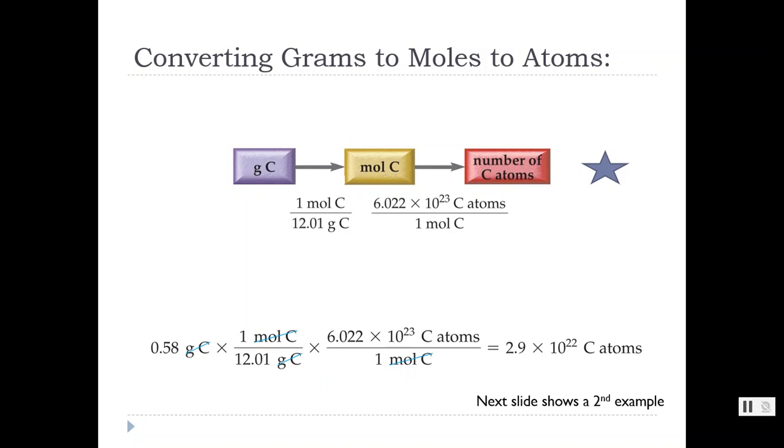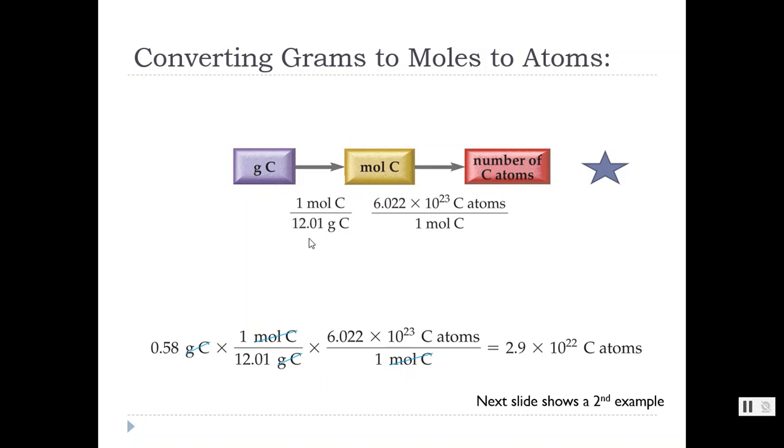We can also use a mole in terms of a mass, so as a way to weigh things. We can say that 1 mole of an element is equal to its atomic mass, but in grams. So for example, 1 mole of carbon, as shown up here in this example, is 12.01 grams of carbon.